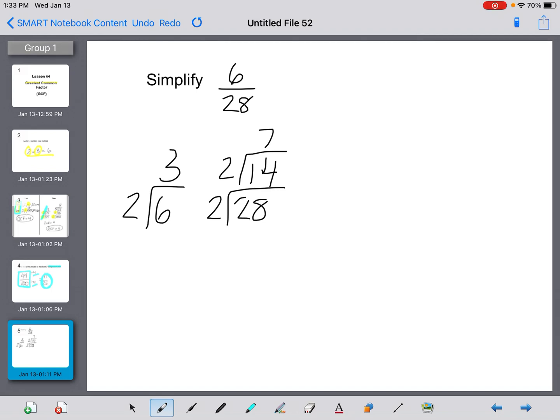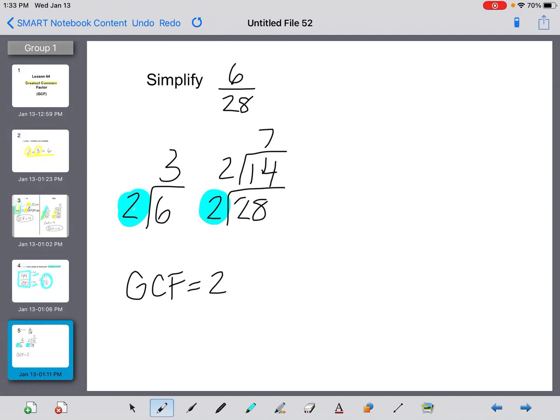That means stop. Okay, now in this example, we look for matching numbers, but notice that there's only one matching number. So if that's the case, then you don't have to do any multiplying. You can just say that the GCF is 2.